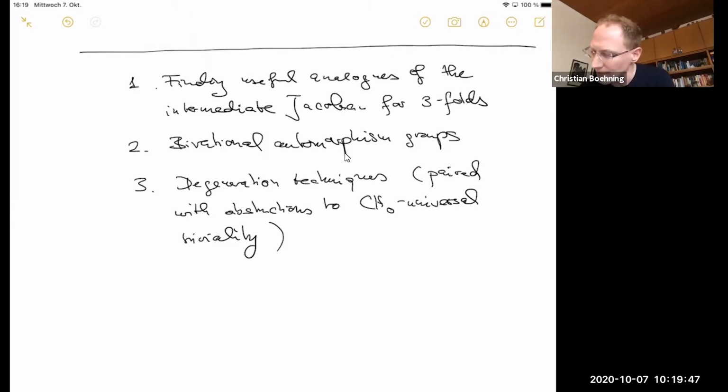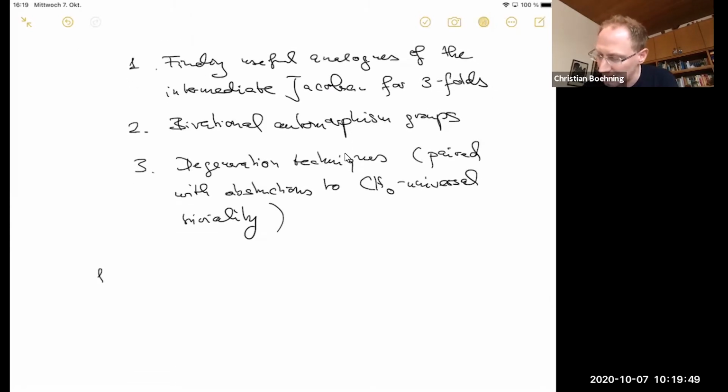To start with, let me start with some very old but still very relevant material. So what does one do for cubic threefolds? This is Clemens and Griffiths.